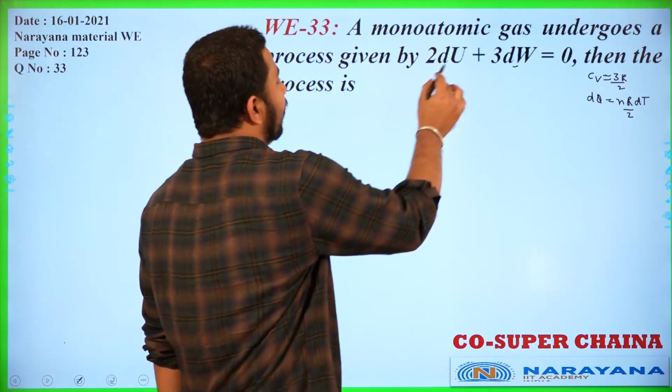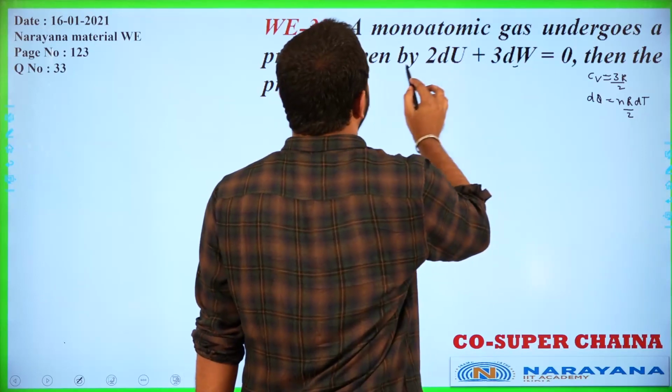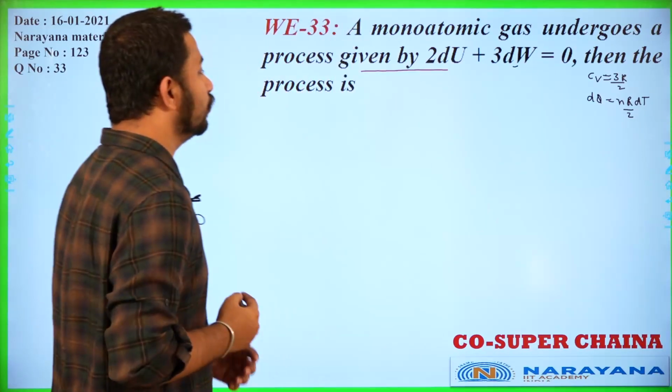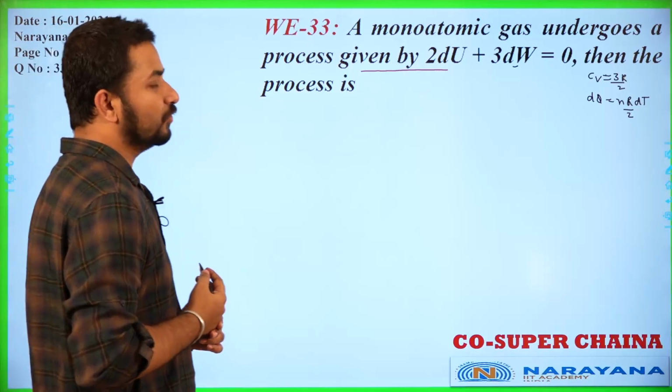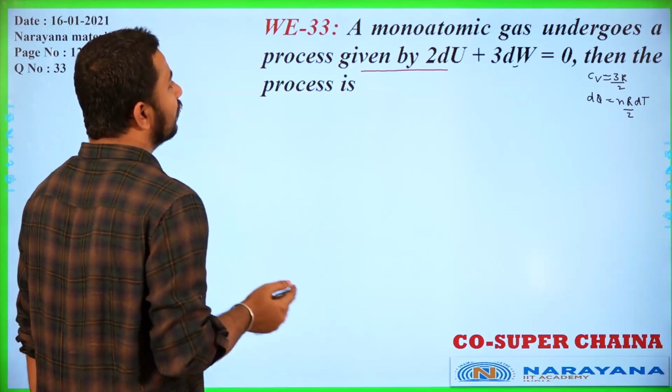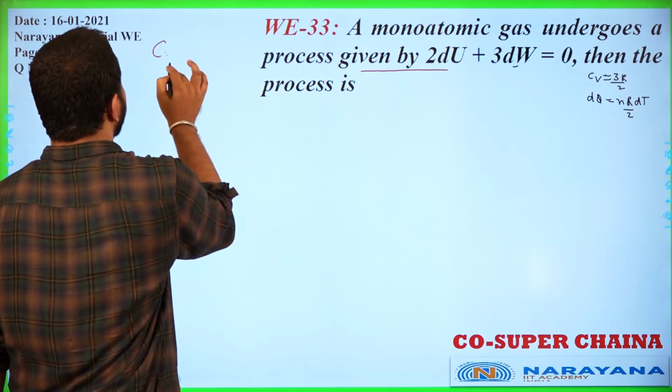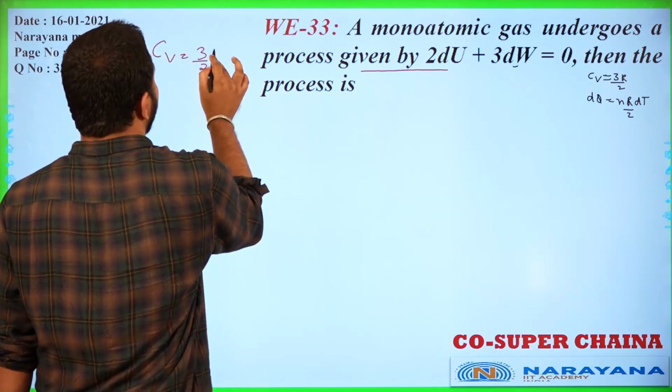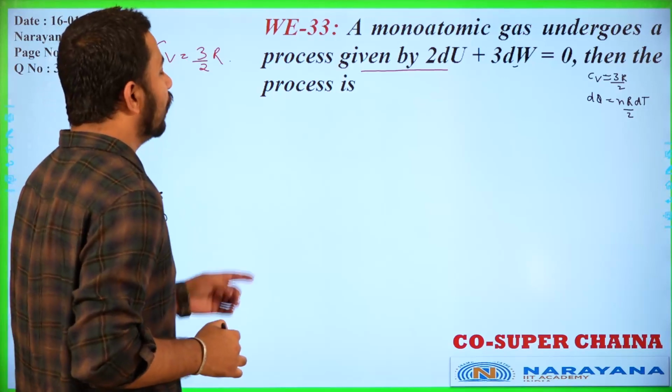A monoatomic gas undergoes a process given by 2 du plus 3 dw is equal to 0. Now student, this is a monoatomic gas, so again Cv will be given to us, it will be 3 by 2r, right?